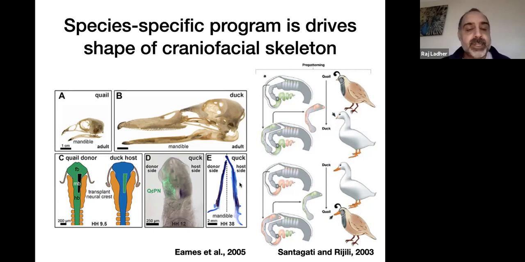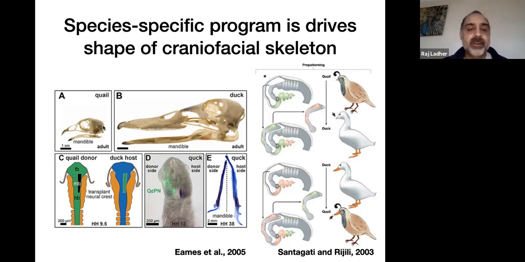And neural crest has autonomous information that is able to drive particular species specificity. And what do we mean by that? And so the classic experiment that he did was to take a quail neural crest and transplant them into duck.